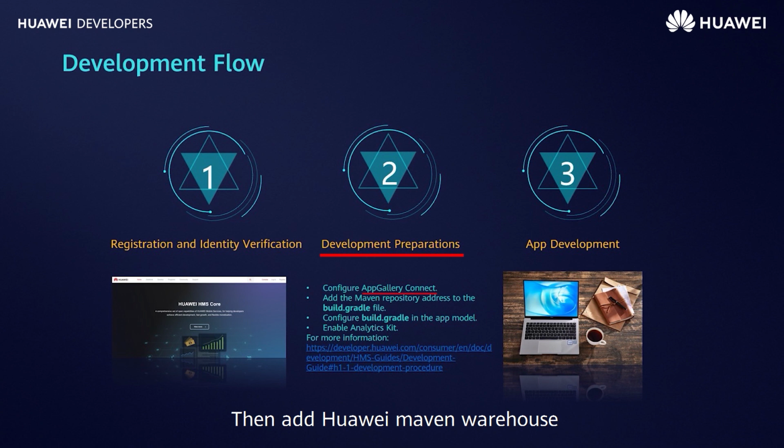Then, add Huawei Maven warehouse to build Gradle file of the project. Then, configure build Gradle file under app directory. At last, open Analysis Service in AGC. Please see the specific steps in the official website of Huawei developer below.